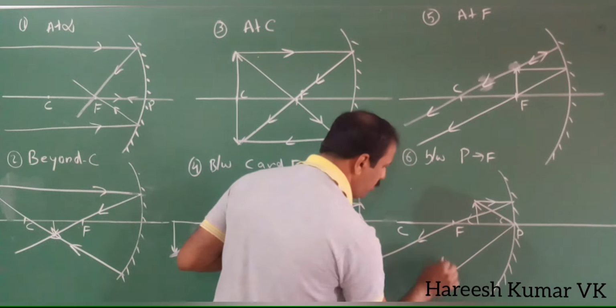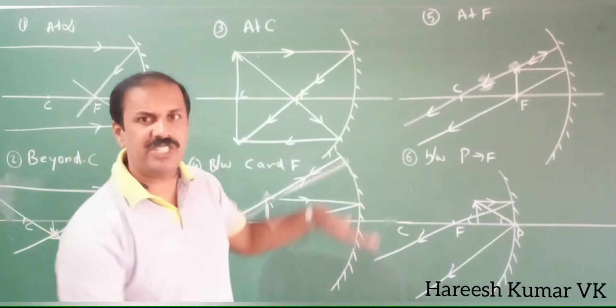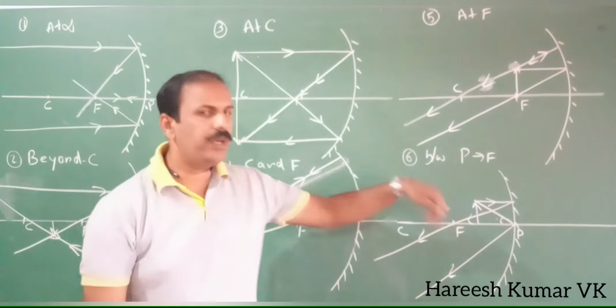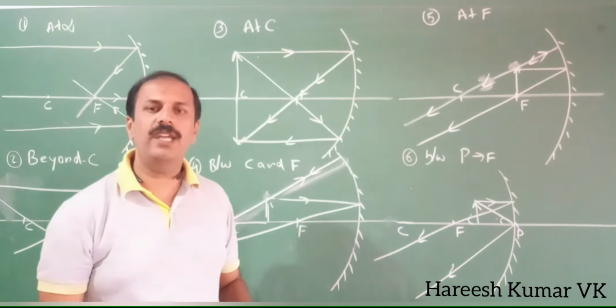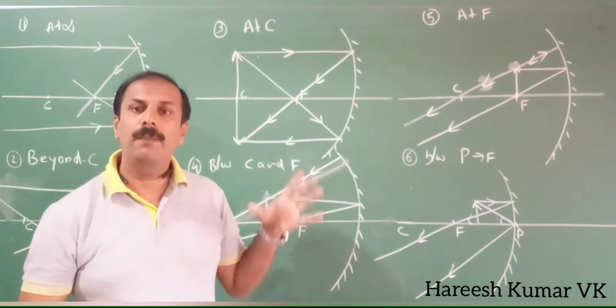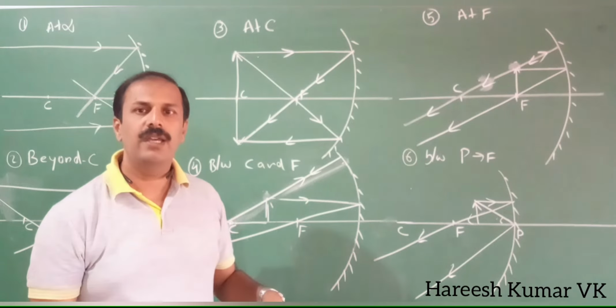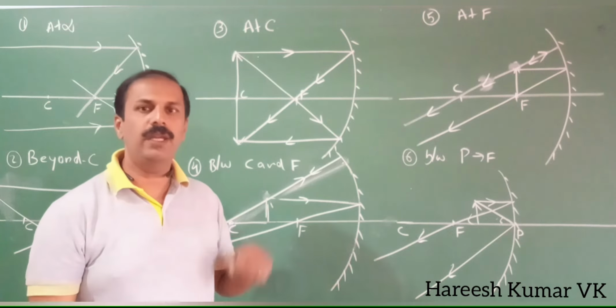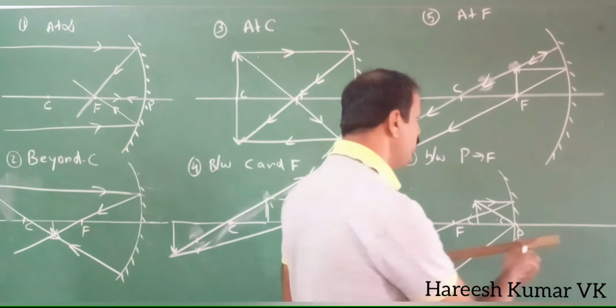Now you see here, these two rays which are going there, they will never meet. They will be diverging like this. So there is no chance for these two to meet. So they will not produce a real image. If two rays are meeting, then only it will make a real image. So here there is no chance of making a real image. But it can make a virtual image. So for that, what you have to do is extend this one.